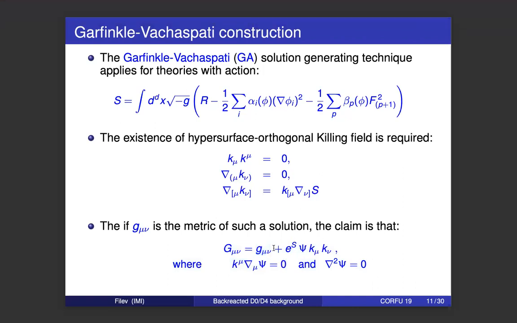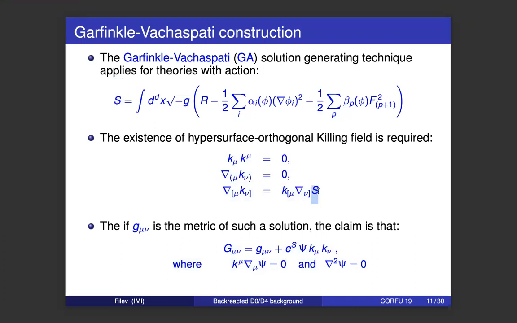The thing is, it is a solution generating technique which allows you to deform an existing solution into a new solution. The requirement here for this solution is only that it admits such a field, right? So if this metric admits such a field, for whatever function S, this is just unfortunate notation.